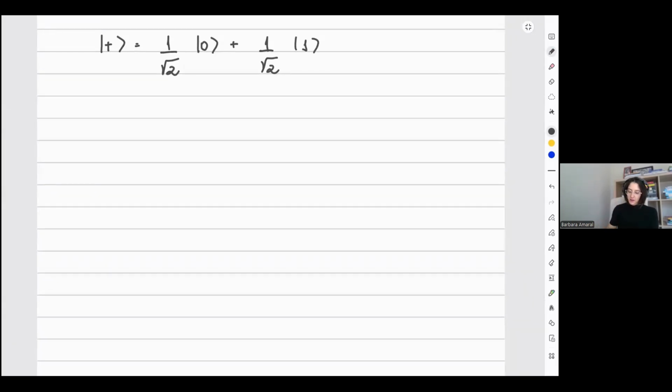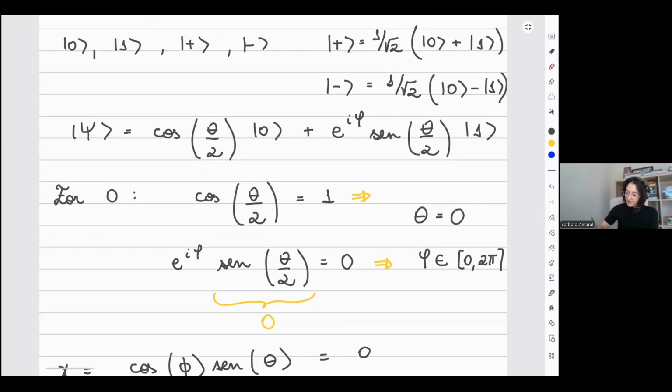So I'll just do one more, the plus, and the rest of them you can do for homework if you want to. It's really similar. So this is 1 over square root of 2, 0 plus 1. And if we remember, our state should be written like this.